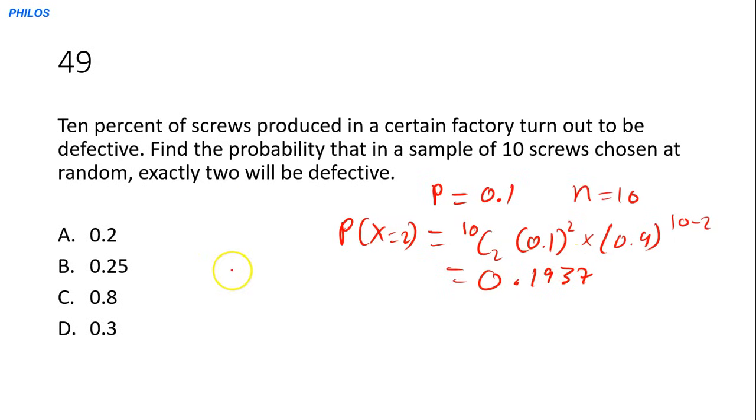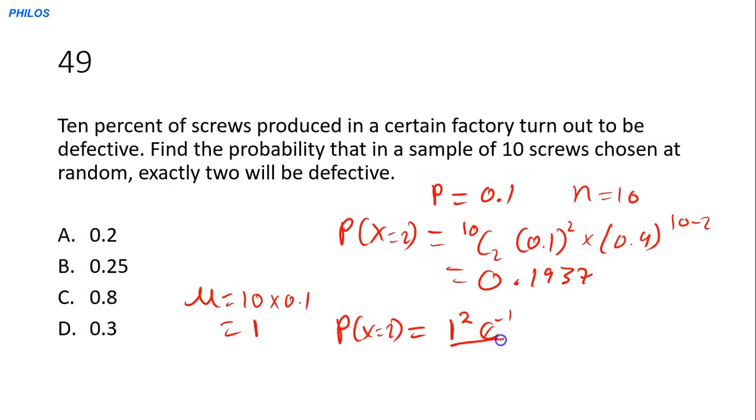Now let's use Poisson for it. Now to use Poisson, we need the mean. And the mean will be 10 times 0.1. So 10 times 0.1 is 1. So using the Poisson, probability that x is exactly 2 will be mean, which is 1, exponent x, which is 2, times e exponent negative 1 over 2 factorial.